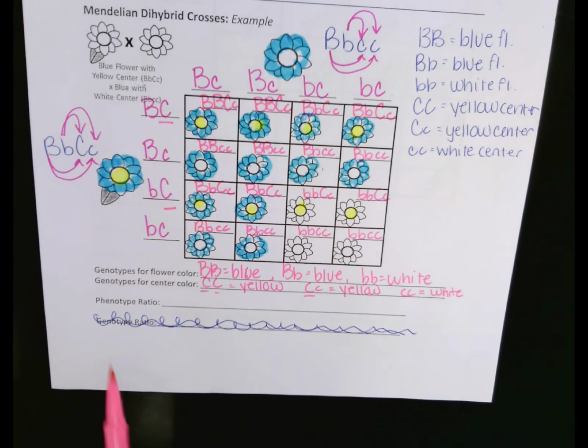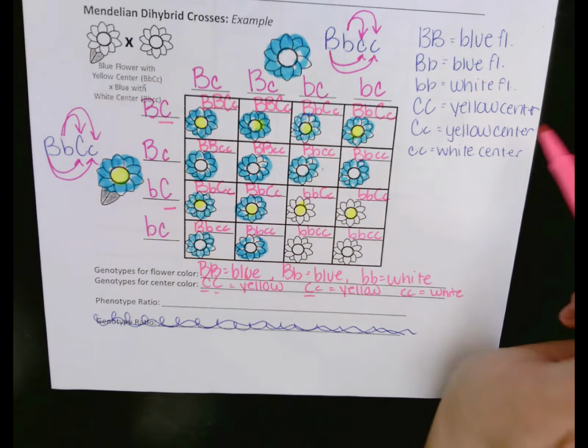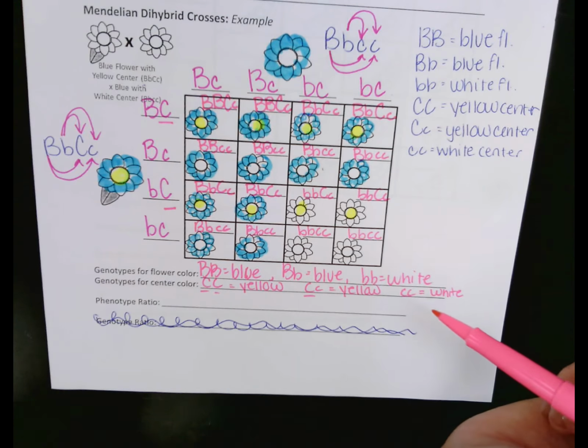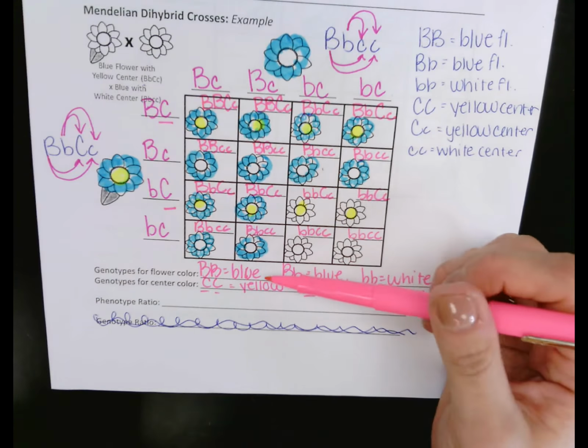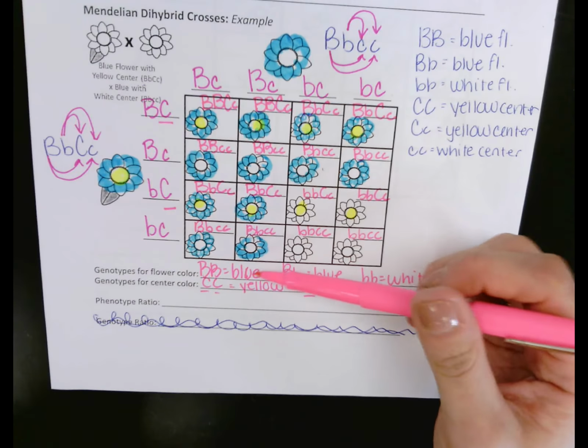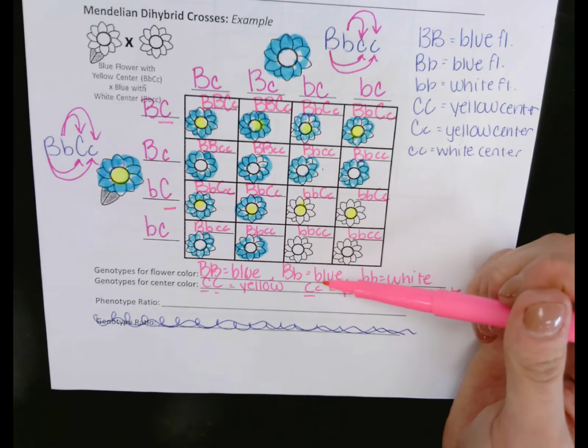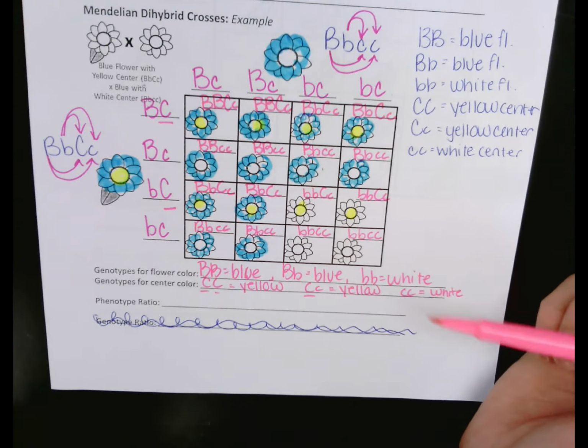Now, for the phenotype ratio, we have all of these different genotypes. Rule of thumb, you can combine this blue with yellow, or white, etc.